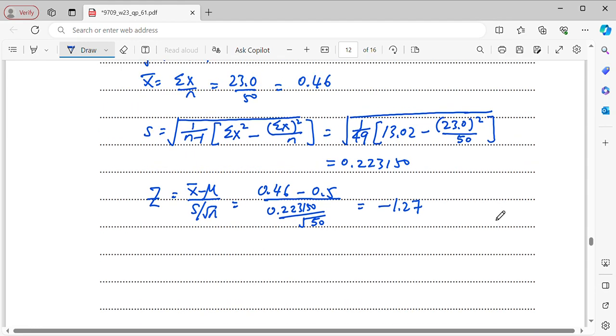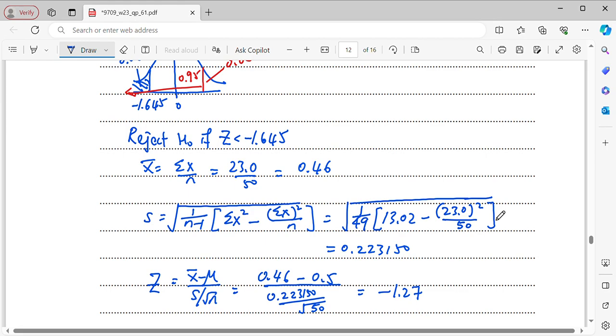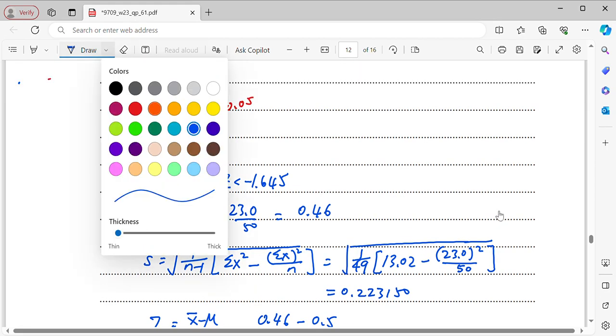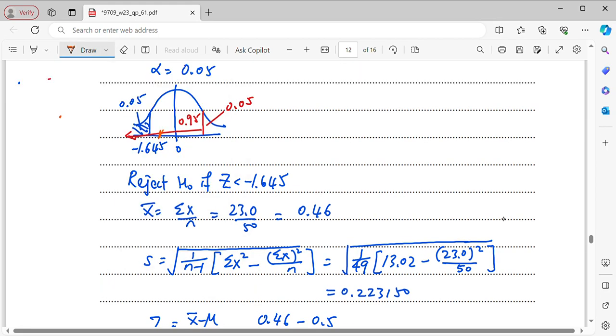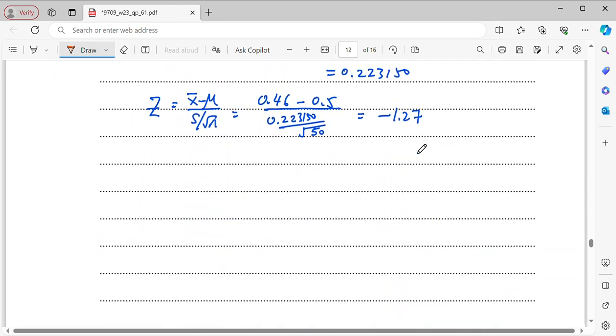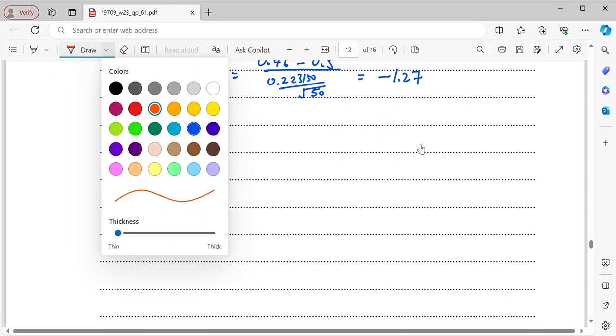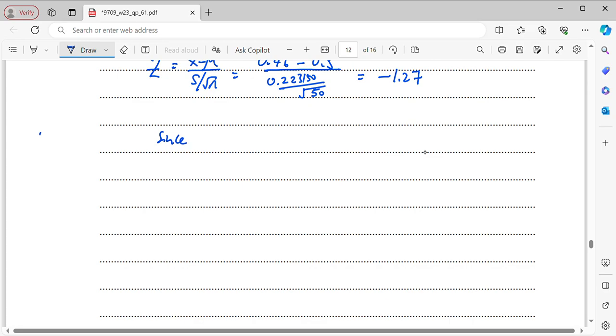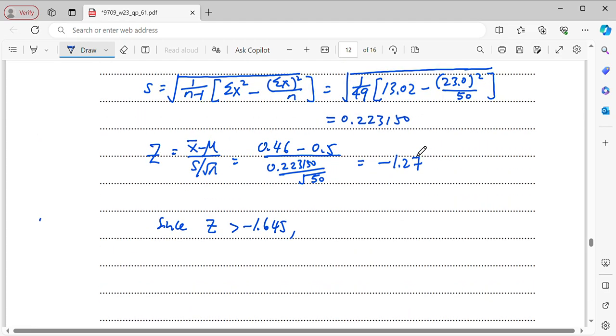Right, so negative 1.27 is basically outside the region. So our decision is do not reject H naught. Okay, so then here you write, since Z is greater than negative 1.645, do not reject H naught.